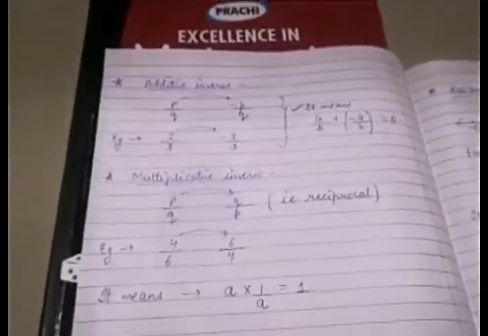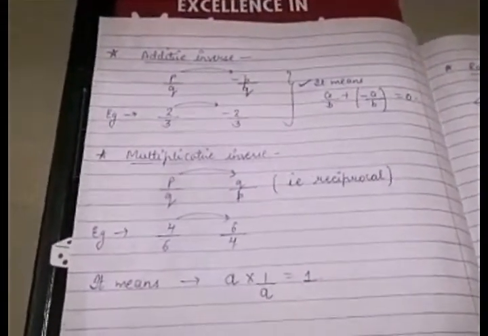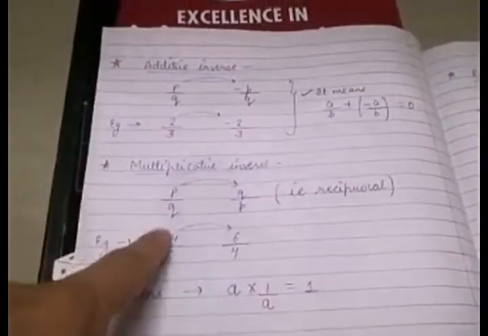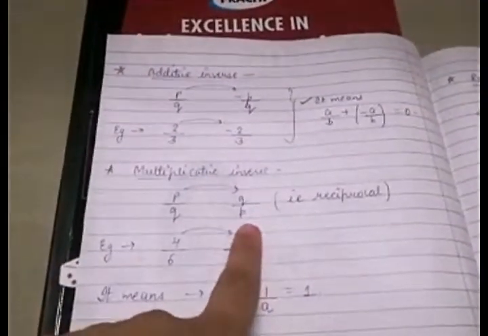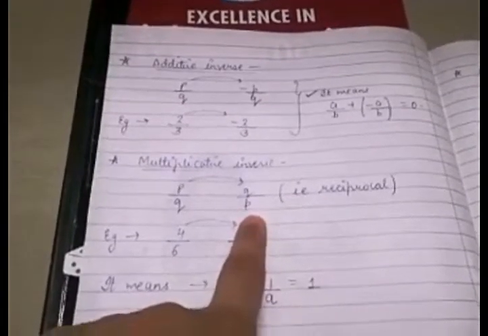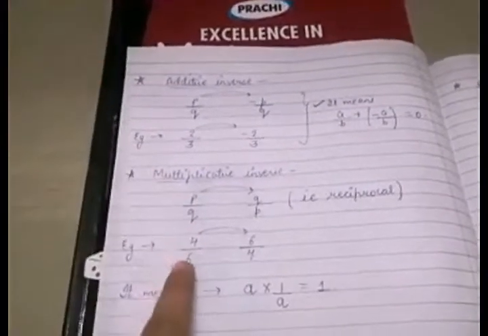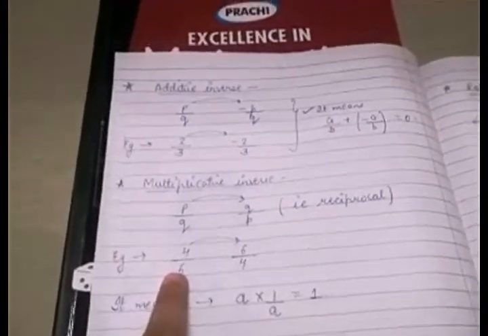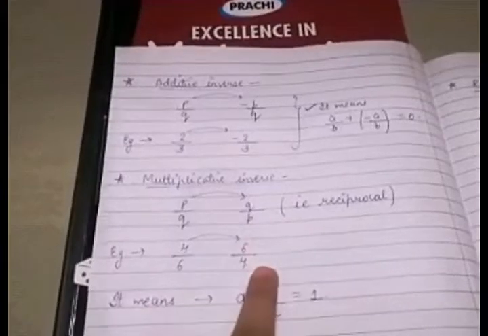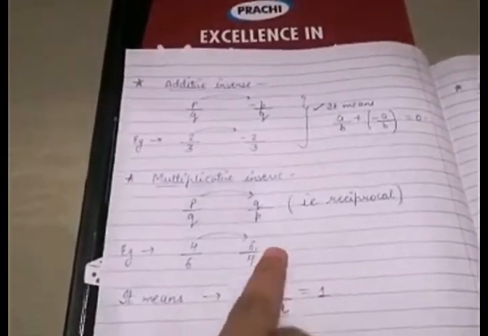Next is multiplicative inverse. According to multiplicative inverse, if any rational number is p upon q, the multiplicative inverse of that number will be q upon p, that is the reciprocal of the number. For example, if we have 4 upon 6, the multiplicative inverse of 4 upon 6 is 6 upon 4.